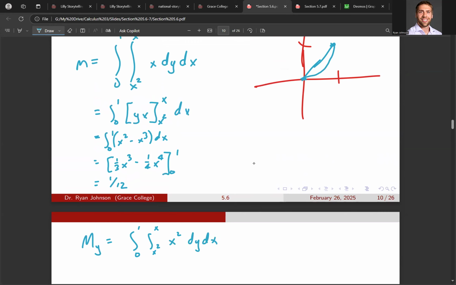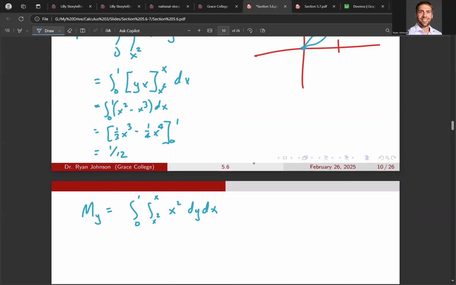As the moment around the y-axis will be measured in x's, so you get an extra x. When you do the moment around y, you get an extra x. Okay. So the mass had x, so we just get a second x in there.